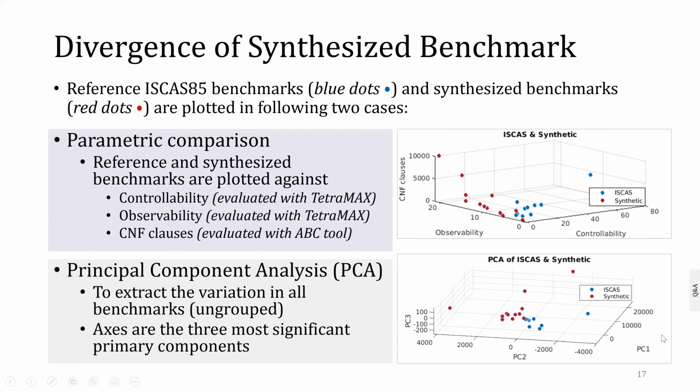And we have done some principal component analysis and placed the benchmarks along the three primary components, where we can see the red dots are more divergent, having more differences in qualities than the original reference circuits, the blue dots.